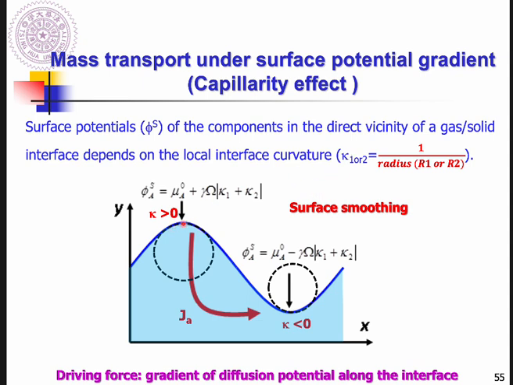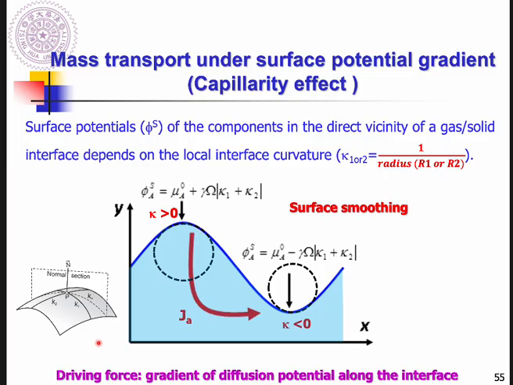Because it is a curved surface, we have two curvatures, kappa 1 and kappa 2. The curvature is the reciprocal of the radius: 1 divided by R1, or 1 divided by R2. And why do we have two?